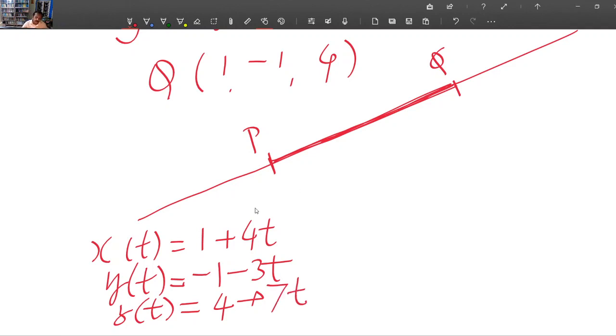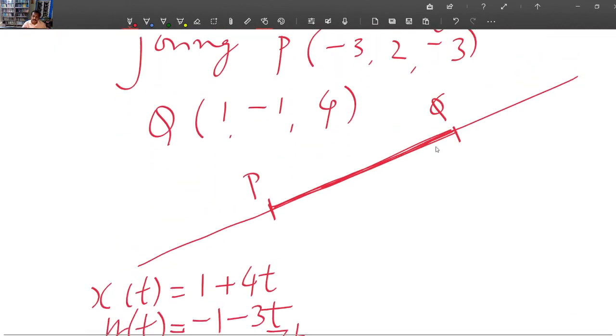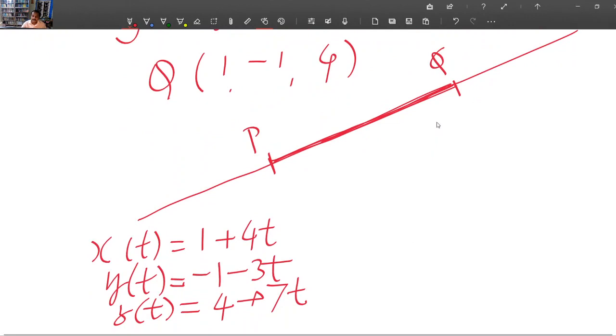So what happens when t equal to 0? When t equal to 0, you are getting this point Q.